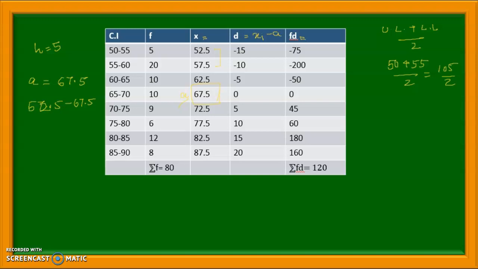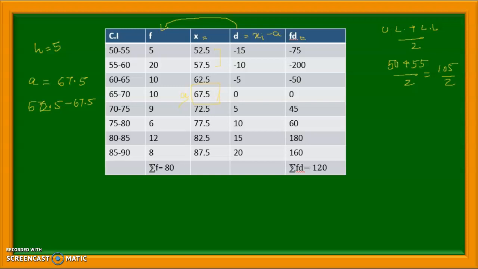Once we have d, we multiply each d by f to get f into d. 15 into minus 15 you will get minus 225. 20 into minus 10 is minus 200. 10 into minus 5 is minus 50. 10 into 0 is 0, and so on.